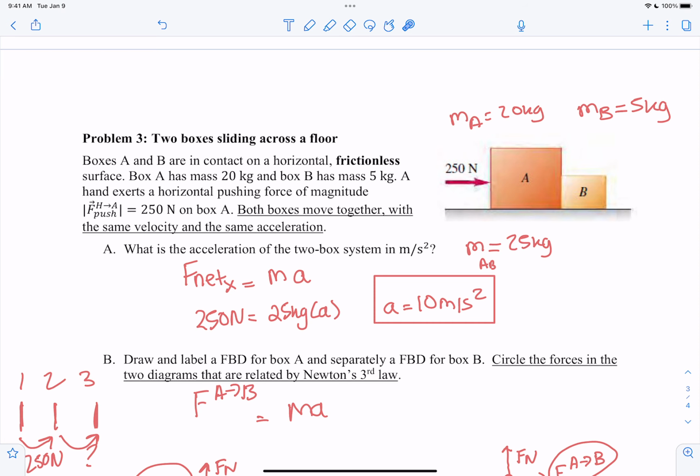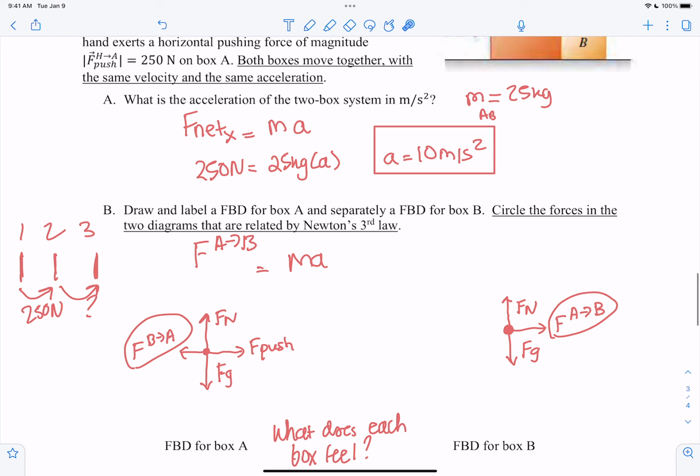It's like going back to that example of someone pushing the other person. Person 1 pushes person 2 with 250 newtons, and they bump into me with 250 newtons. Am I going to look at guy number 1? No, I'm most likely going to look at the guy behind me like, hey, what the heck, you bumped into me. My first instinct is to look at the person directly behind me.